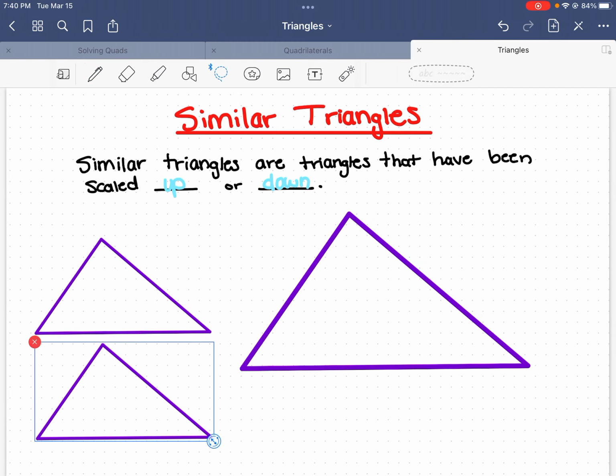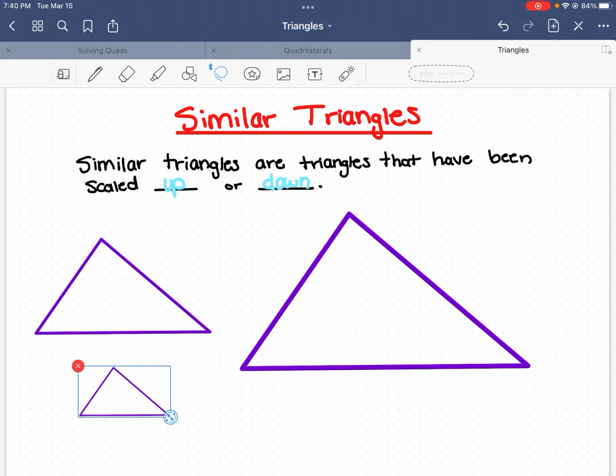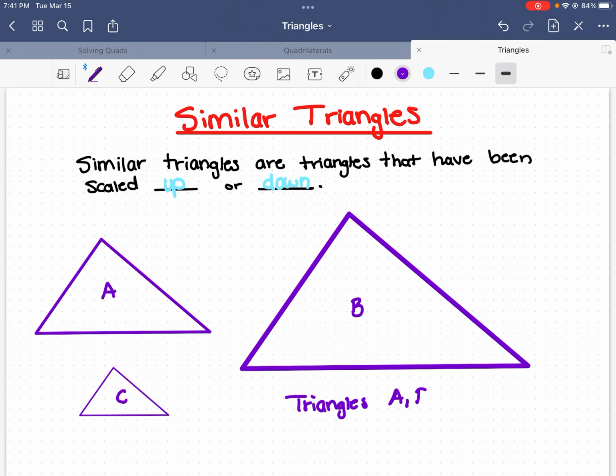Likewise, if I were to paste it again but shrink it instead, these are similar triangles. Let's go ahead and mark them A, B, and C. So triangles A, B, and C are similar.